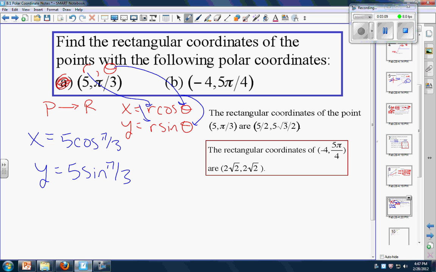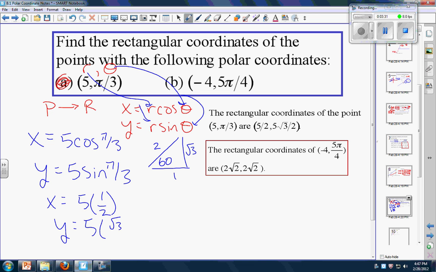We know what pi over 3 is. Okay, obviously that's 60 degrees, so we'll just throw that in here. So cosine of 60 degrees is 1/2. Sine of 60 degrees is the square root of 3 over 2.